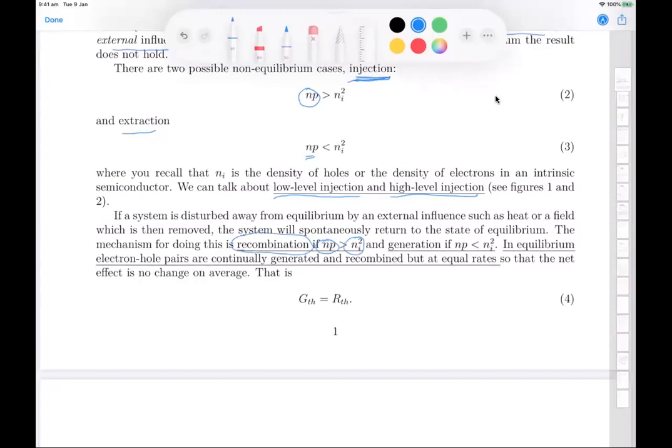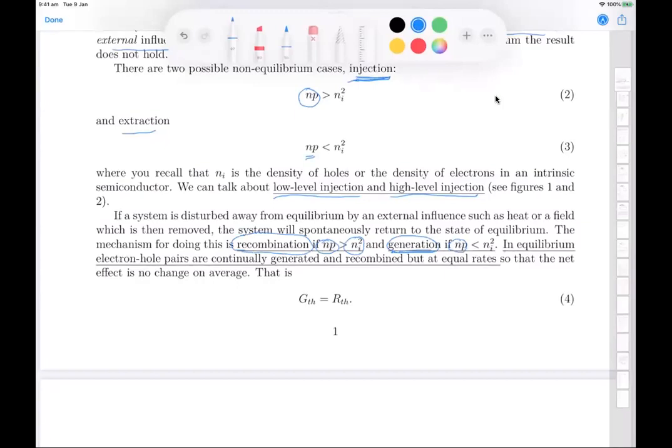This is known as recombination. When we don't have enough free carriers, that is, the NP product is less than Ni squared, then the semiconductor will spontaneously generate electron-hole pairs, and this is generation.